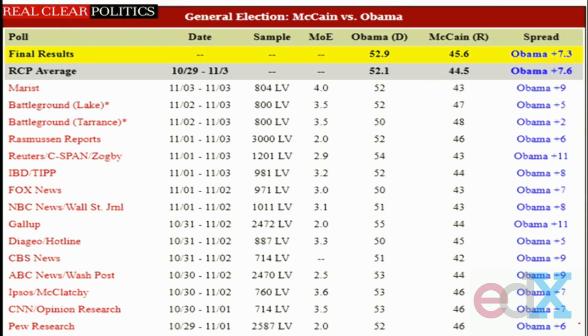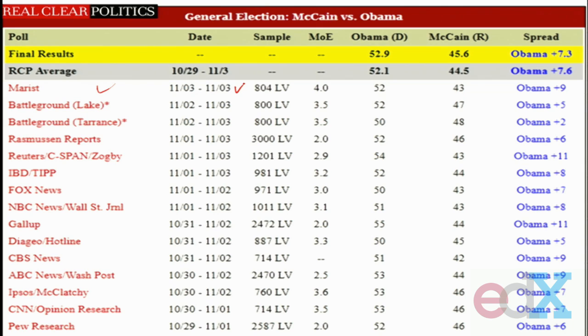Case in point, here are the results from Real Clear Politics of the last presidential election 4 years ago in the US, and the polls that were taken immediately before. So this would be like the last polls before the election. So here they are. The Marist poll was done the day before. The election was on the 4th of November.